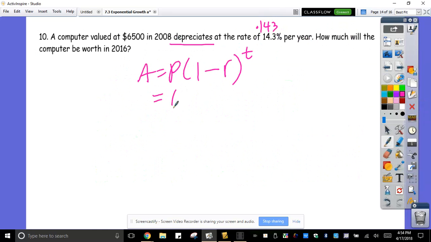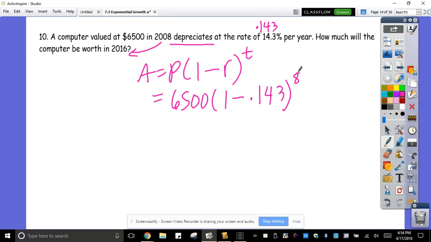The initial amount is 6,500, and the rate here is 0.143, and the time there, how many years from 2008 to 2016, that will be 8 years.